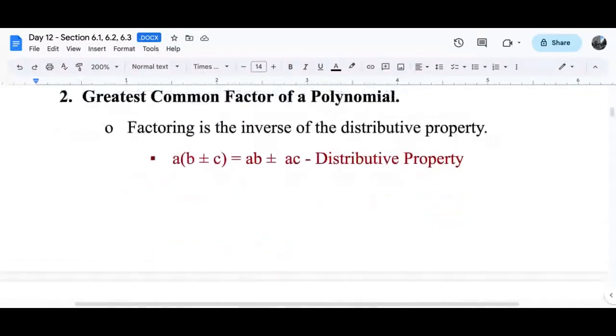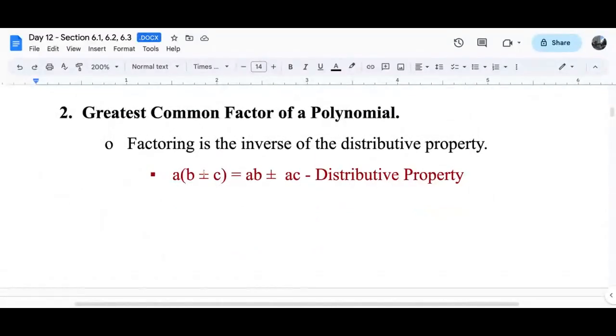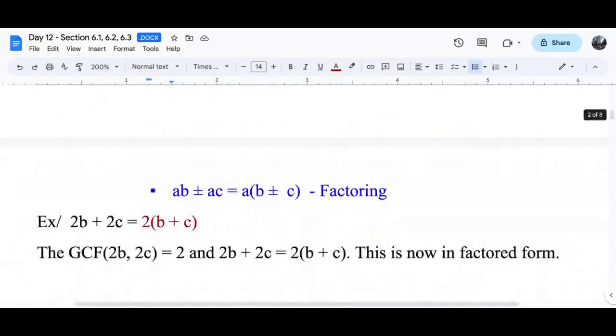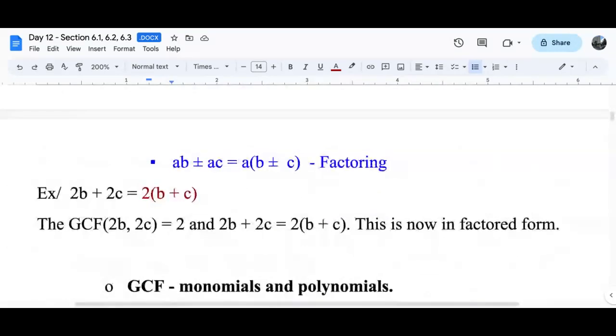Okay, what about polynomials? So this we call the distributive property, right? If you have a times b plus or minus c, that's ab plus or minus ac. Basically, we distribute a. We multiply a with the terms inside the parentheses. But when we do factoring, we do the other way around.